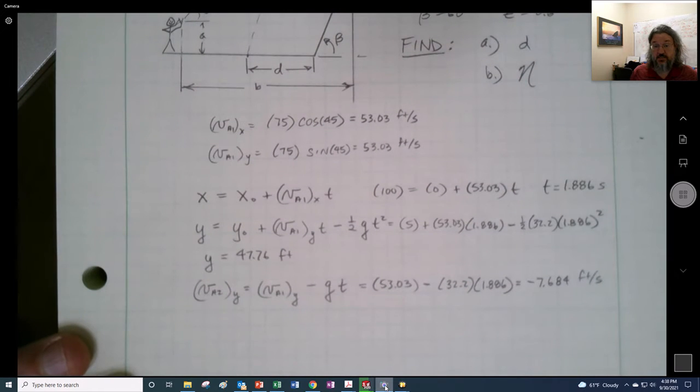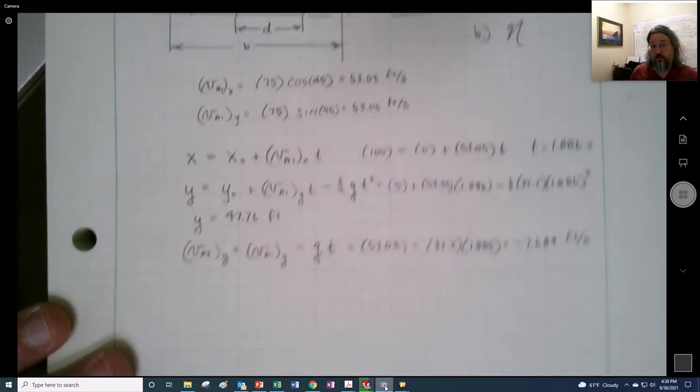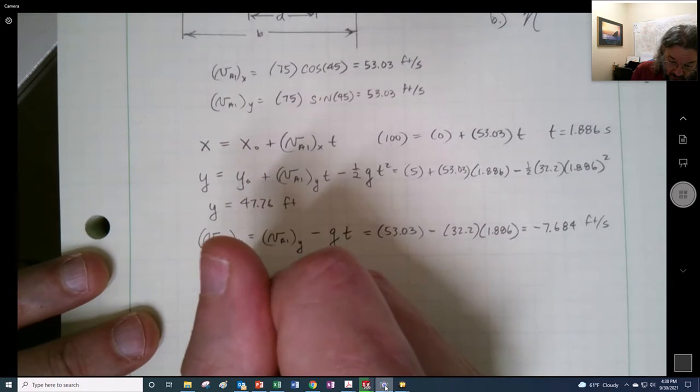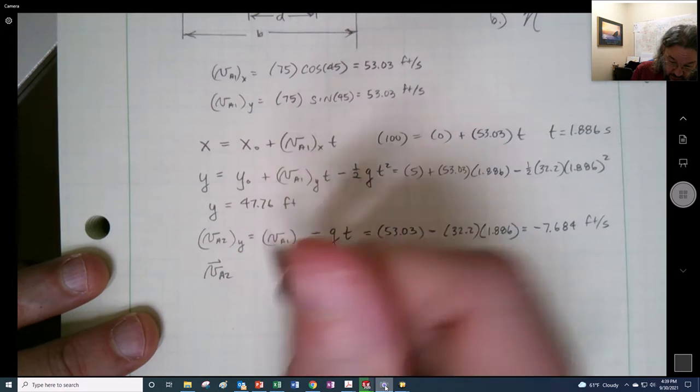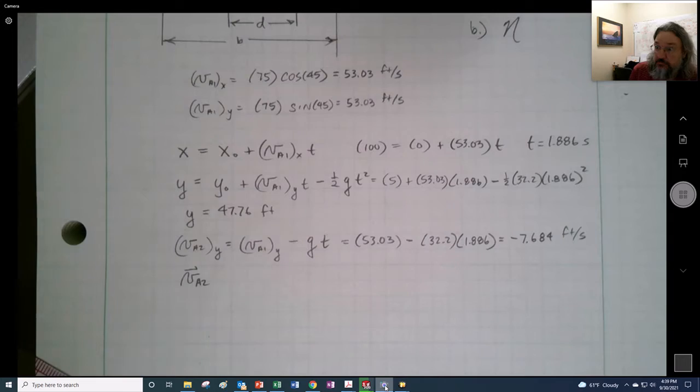so it's time for the impulse momentum. Right now it hits the wall. It hits the wall going at a velocity. We can go velocity A2. I don't know why I'm calling it A. I guess the ball is A, maybe.